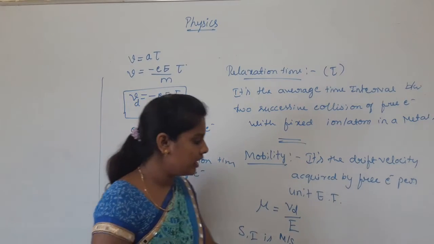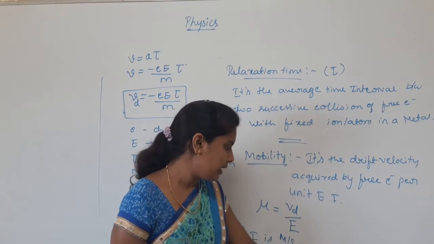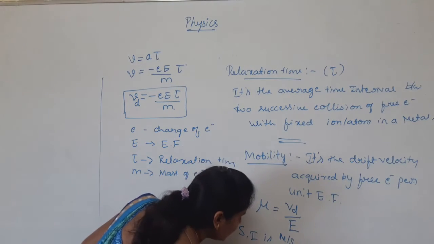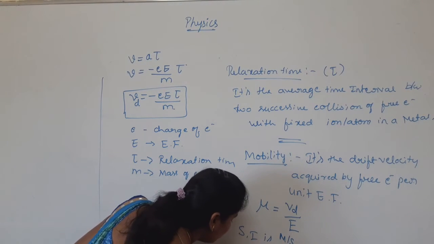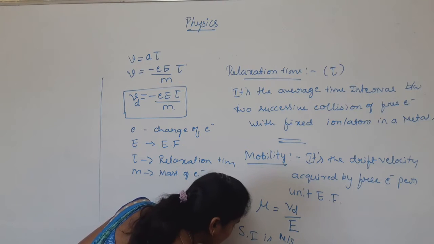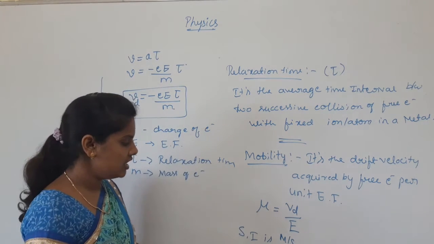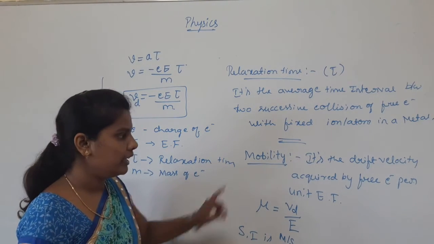Meter square per volt second is the SI unit of mobility, m squared divided by V into S, where V means volt and S means second.